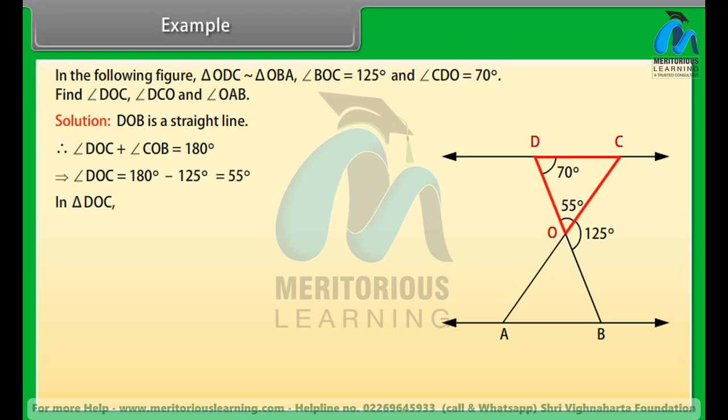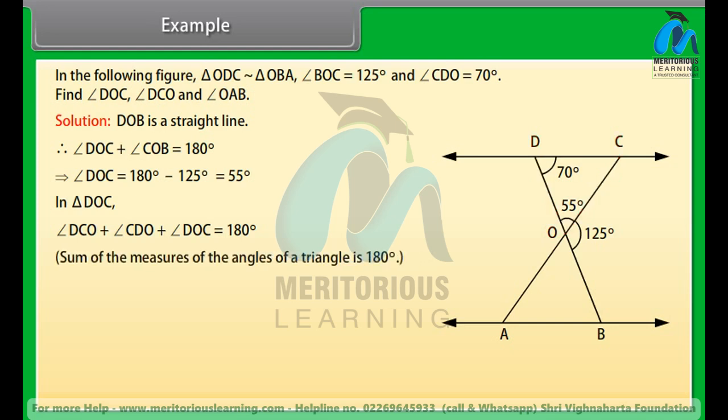In triangle DOC, angle DCO plus angle CDO plus angle DOC equals 180 degree. Sum of these measures of the angles of a triangle is 180 degree, which implies angle DCO plus 70 degree plus 55 degree equals 180 degree, which implies angle DCO equals 55 degree.